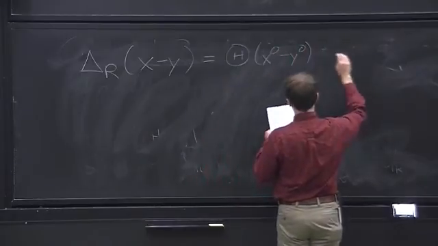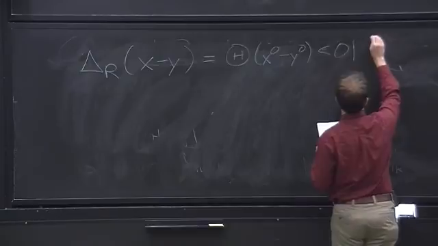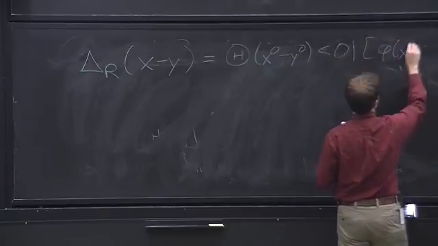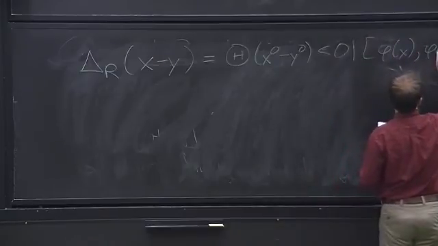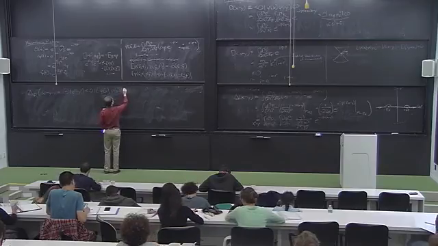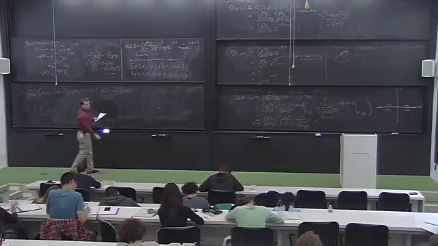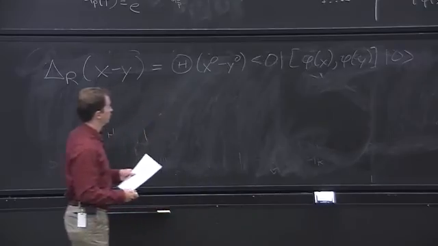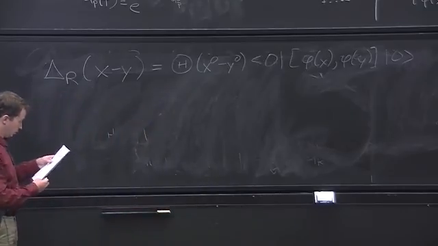And so we found that that's equal to this quantity, phi(x) commutator with phi(y). And I can put in the vacuum expectation value because this is just a number, so it doesn't change anything there.